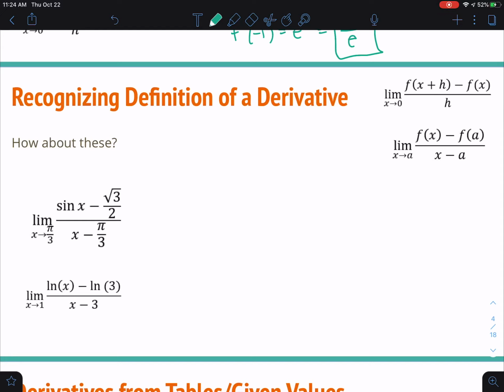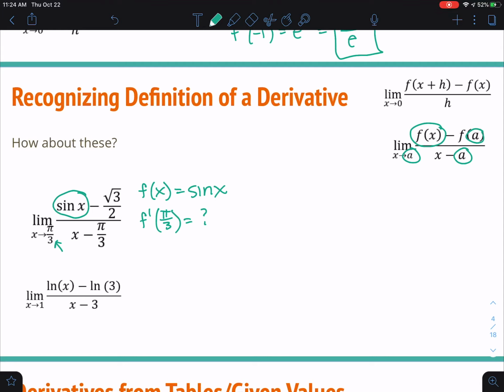Now we have our alternate definition of a derivative, right? So here it's actually a little bit easier because this is going to be your function right here. So this is sine of x, and then this down here, any of these, are going to tell you what you're finding it at. So this is basically saying f of x is sine of x, and I want to find f prime of pi over 3.